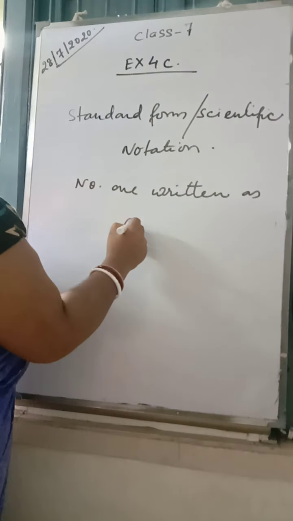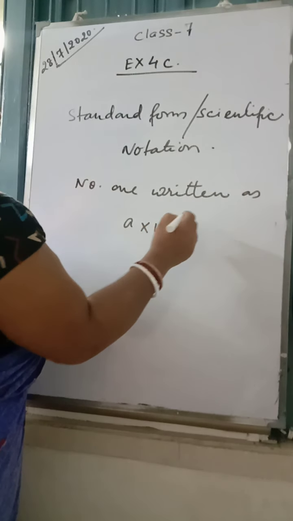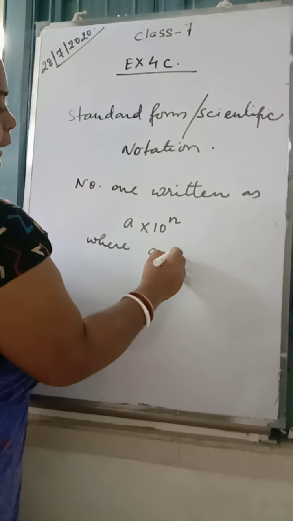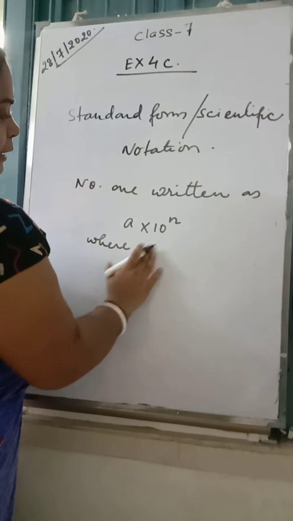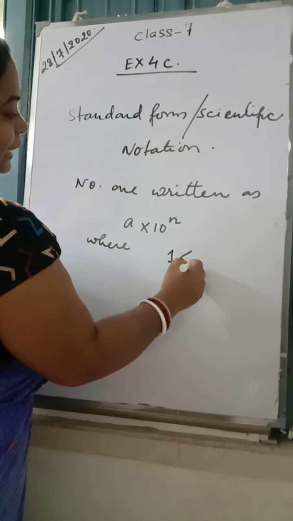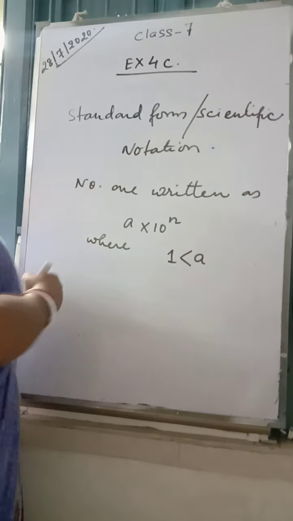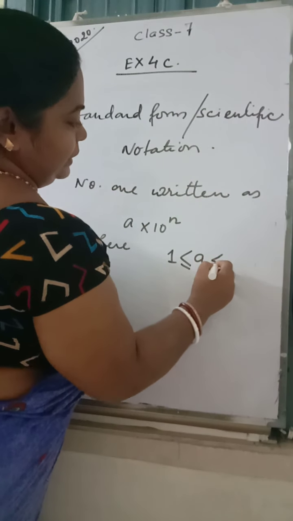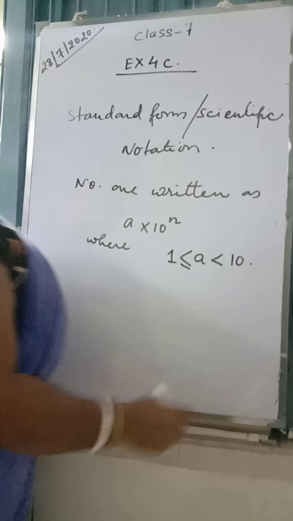where the numbers are written as a into 10 to the power n, where a is greater than or equal to 1 and less than 10.